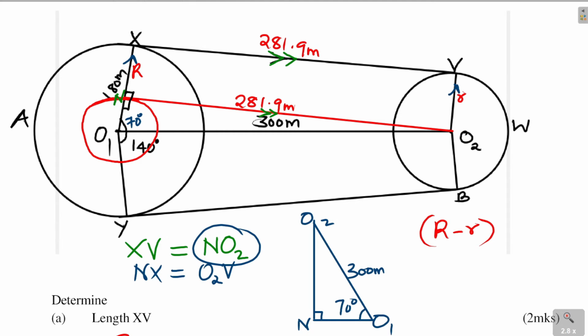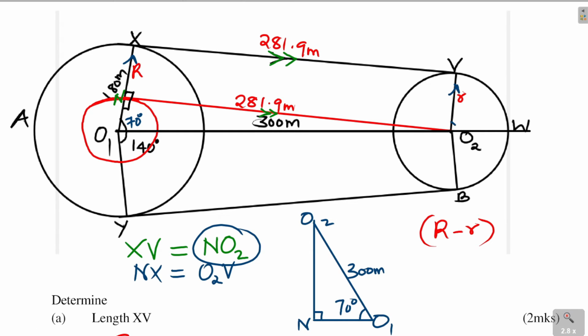First of all, I will extend this line here like that, such that if this line and this one are parallel, then this one is a transversal, and you know the angles in a transversal: if this angle here is 70, it is equal to this angle that is here.